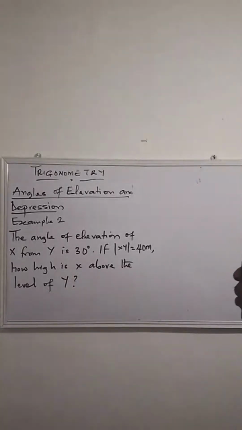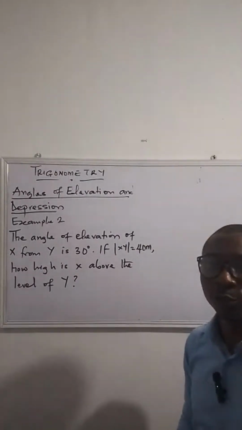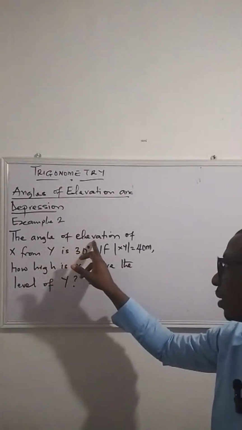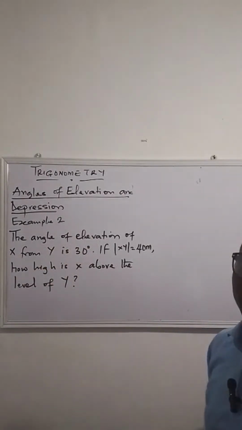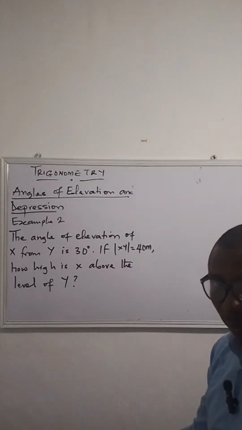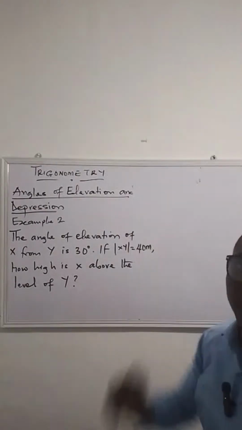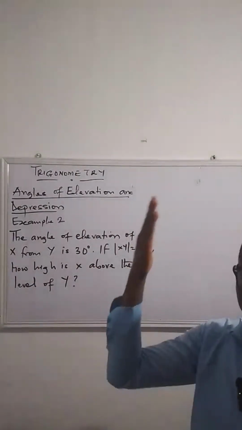The first thing you need to know is that the observer should be on the ground, because once we're talking about angle of elevation, that means the observer is below, looking at something above, because he needs to raise up his head.